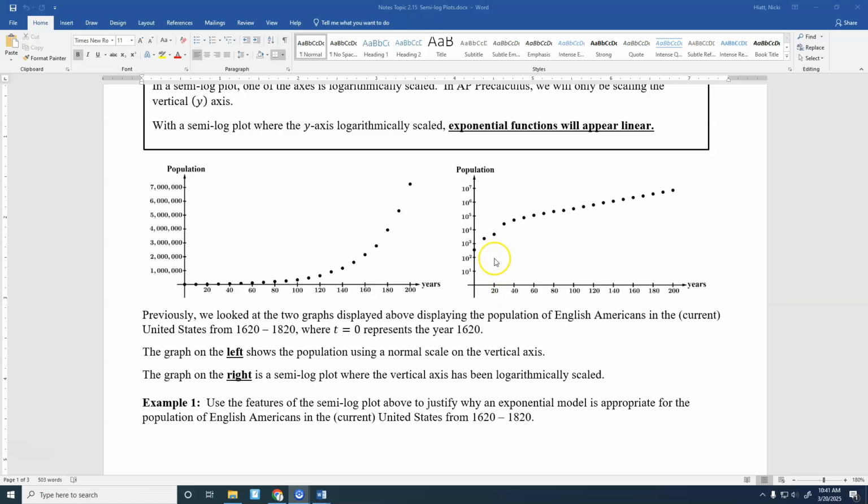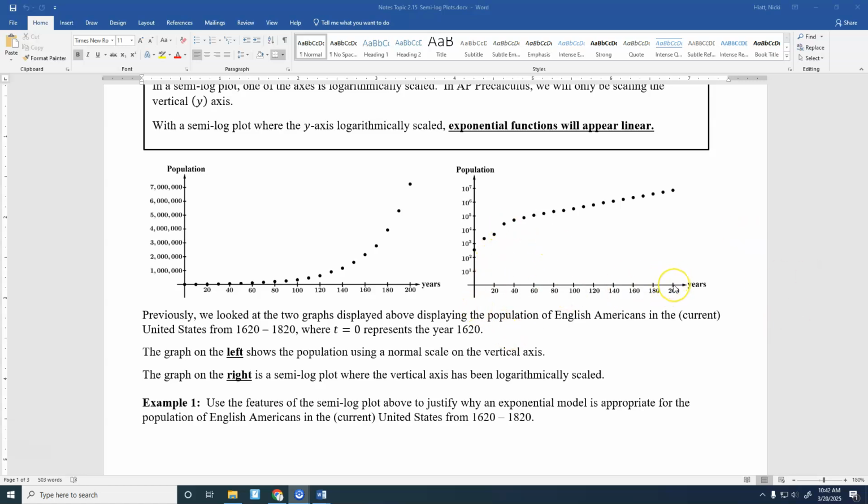But by the year 20, right here, so that'd be 1640, we're up here. This is between 1,000 and 10,000, and it's a little higher, so this is probably closer to 5,000 right here. And then you would keep on going out.